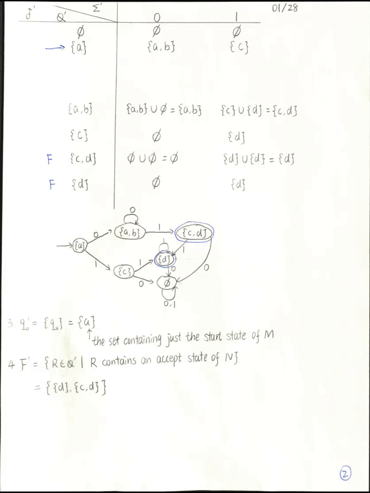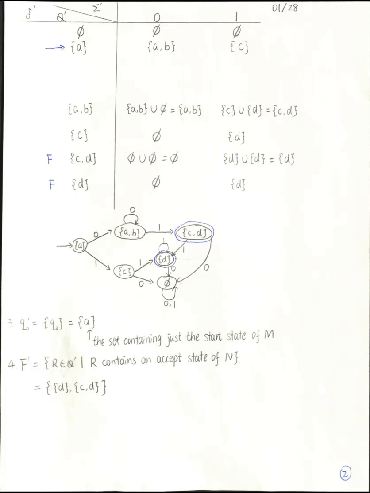If any branch reaches an accept state, the machine should accept the string. If all the resulting states after consuming all the symbols in the string are non-accept states, then the machine should reject the string. So that's the whole procedure of subset construction. It got the name subset construction because the DFA has states that are subsets of the states in the NFA.